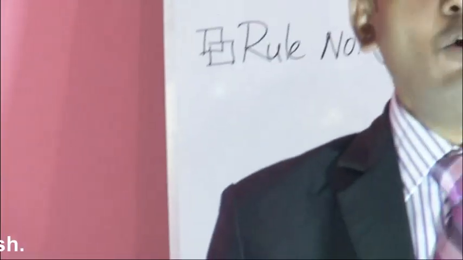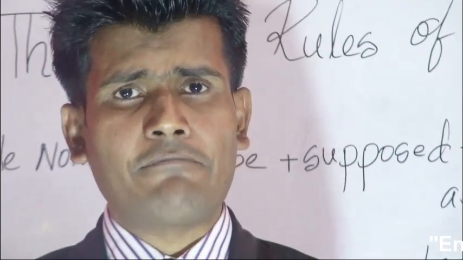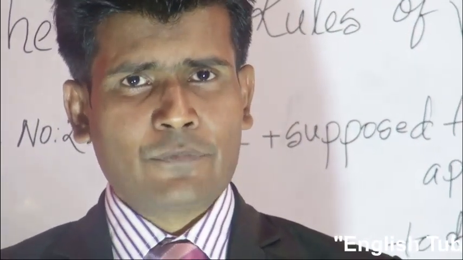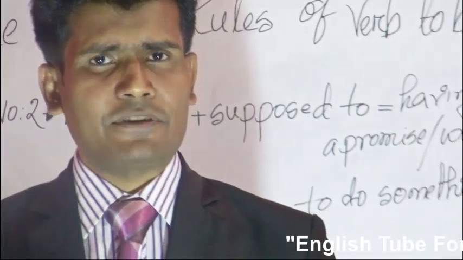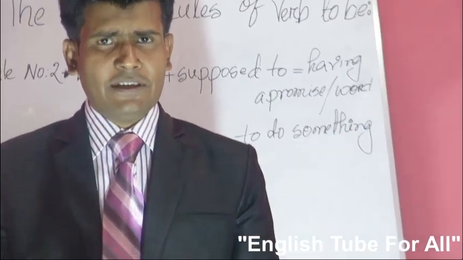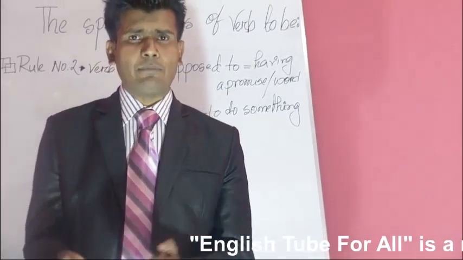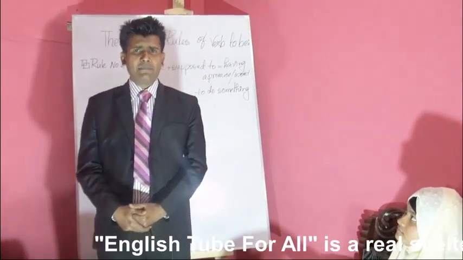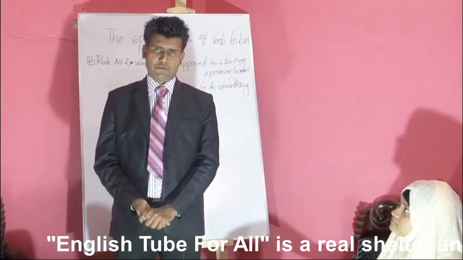And today you are able to learn about it fantastically. In fact, this is a special rule of Verb To Be. With the help of the first basic chapter of English language, Verb To Be, we can make this type of special rules. Dear viewers, you have already been able to understand the examples.